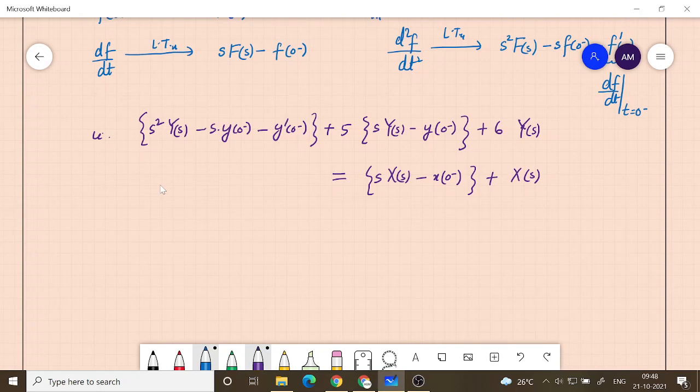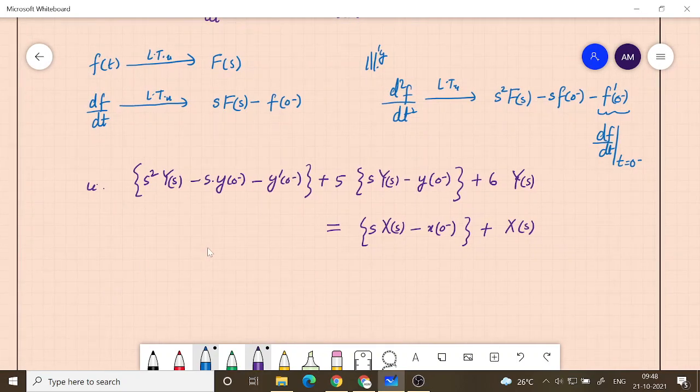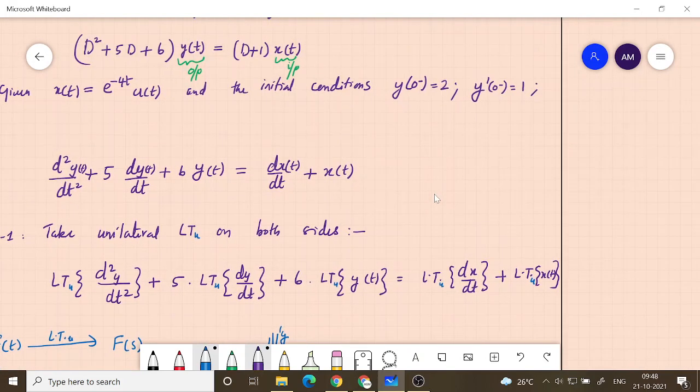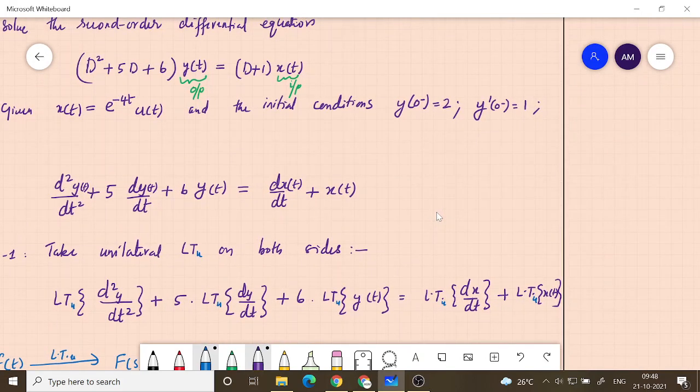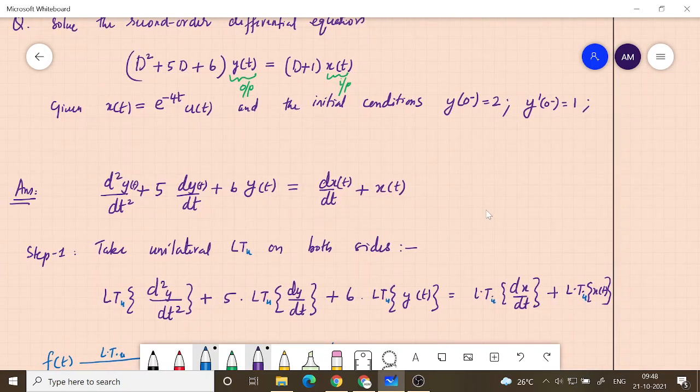Let us keep y of 0 minus and y dash of 0 minus as they are. One thing I will talk about is what x of 0 minus is, that is, what is the input at 0 minus. You see, x of t is given as e raised to minus 4t into u of t.